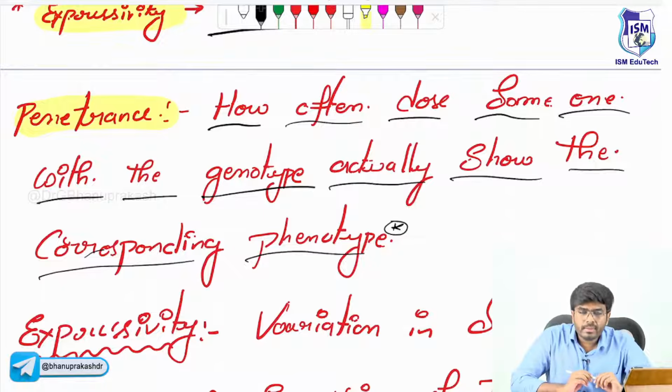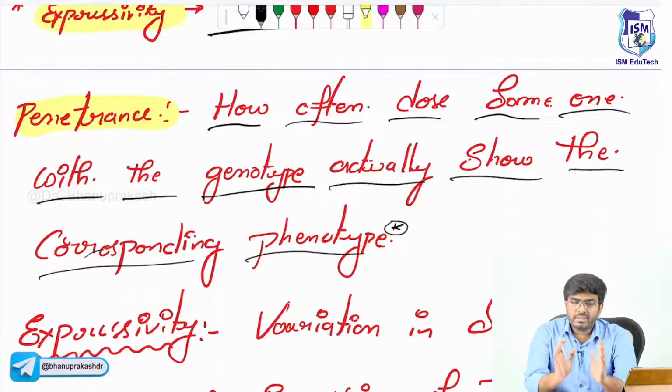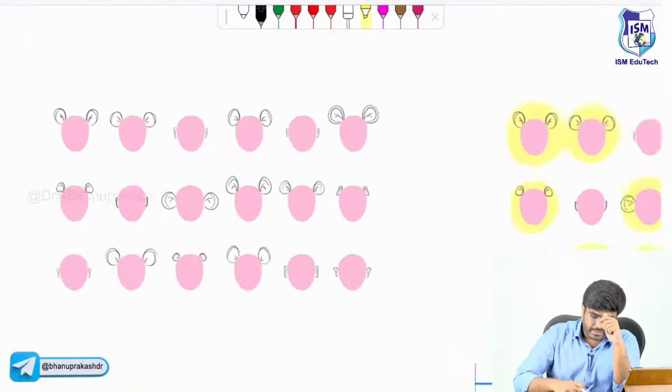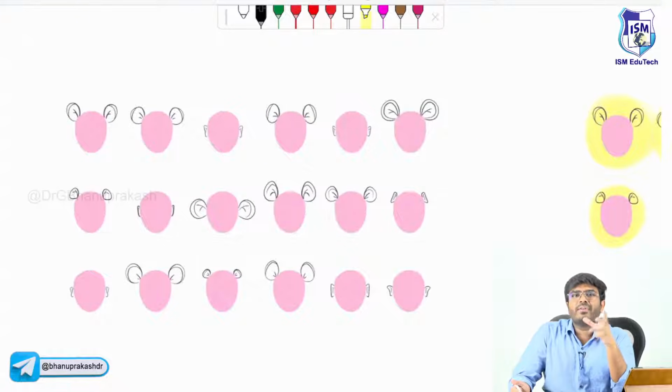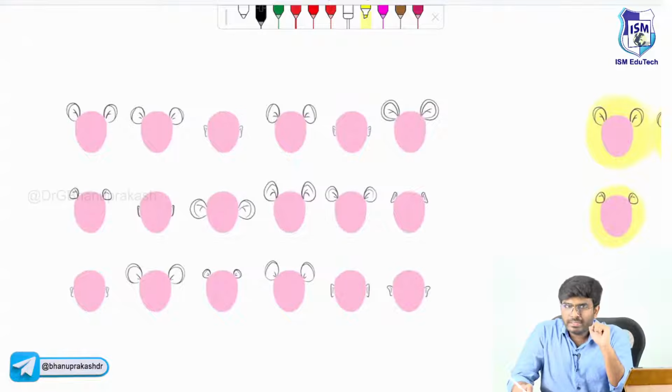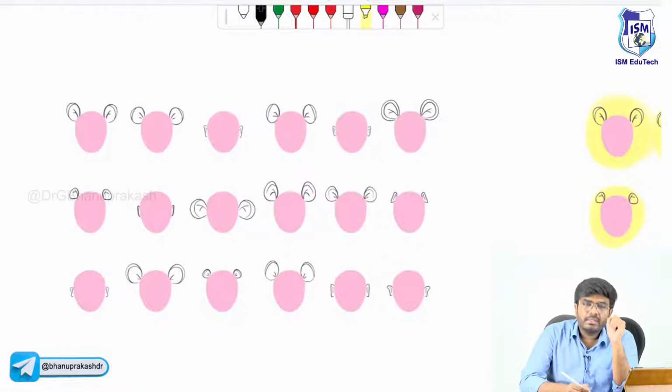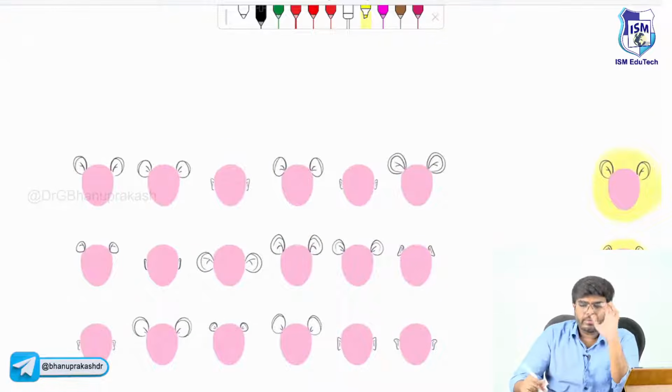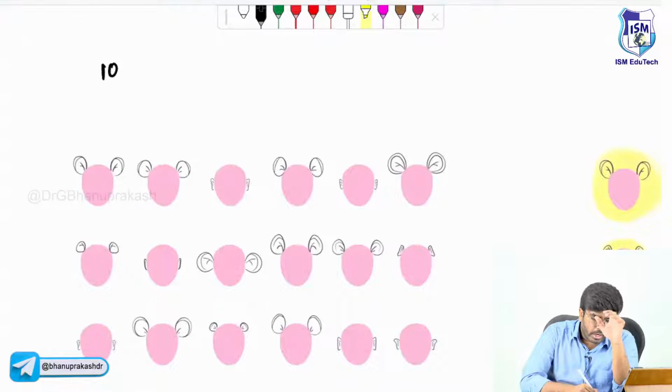How often those people with a particular genotype will show the corresponding phenotype. Looking a little complicated, right? For example, look at this. This is a very funny example which I found on the internet. Now imagine you are doing some research experiment on 100 people.